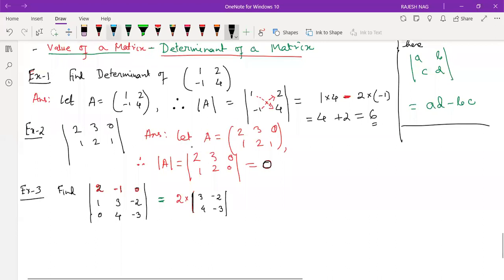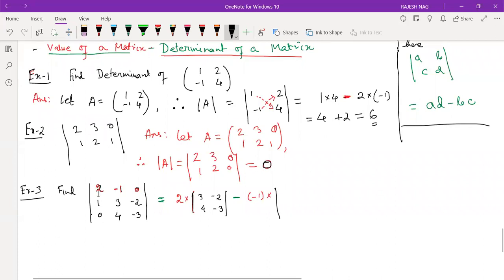Then use a minus symbol here. Then you write minus 1 into, again, how do you get this 3, -2, 4, -3?